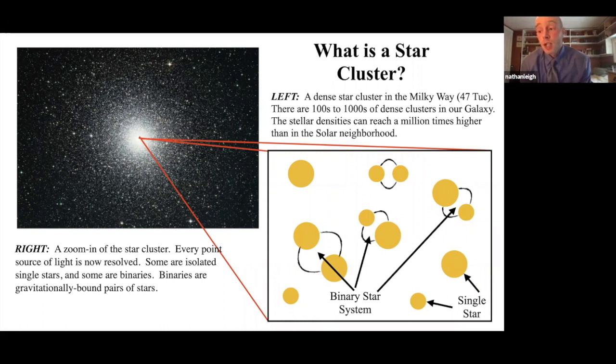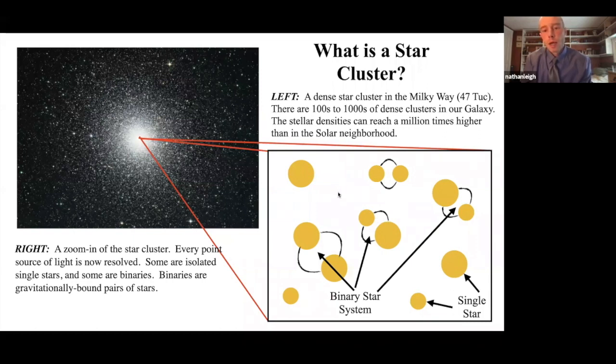And at such high densities, the rate of collisions is also very high. And so the individual point sources of light that you see here do collide with each other directly, usually of order once every million years or so. So let's consider zooming in on the cluster and being able to resolve each point source of light that we see. What you would find is shown in the lower right inset here.